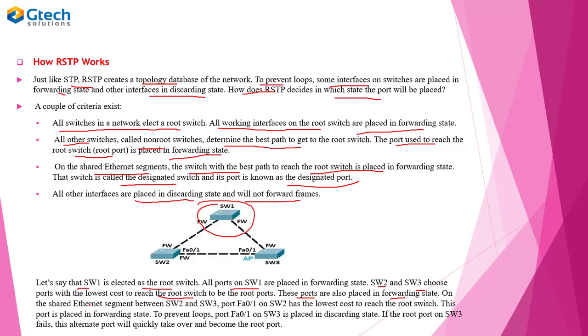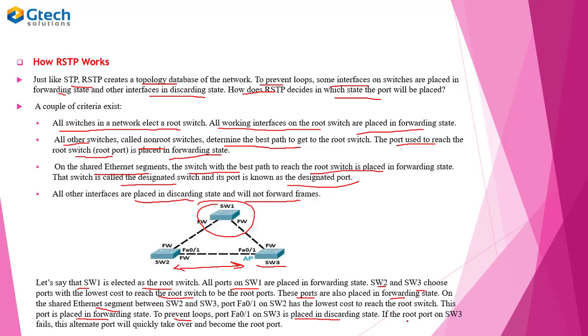Then on the shared Ethernet segment between S2 and S3, see, port FA0/1 on S2 has the lowest cost to reach the root switch. This port is now placed in the forwarding state. And to prevent loops, port FA0/1 on S3 is placed in the discarding state, right?